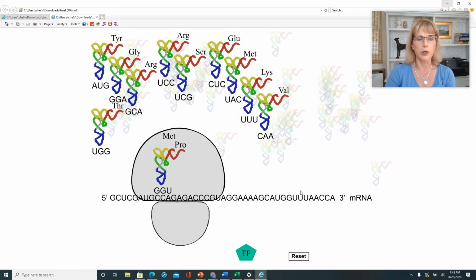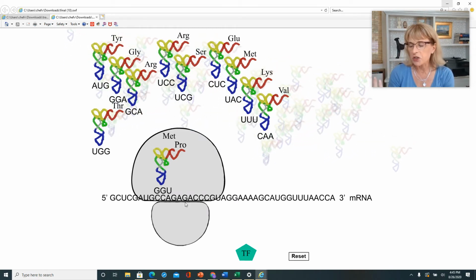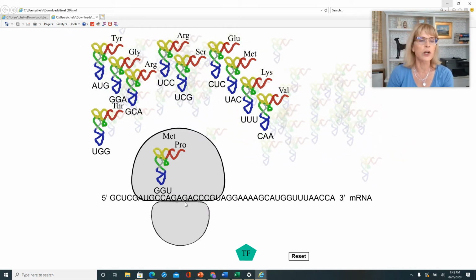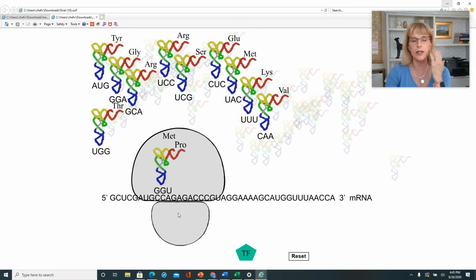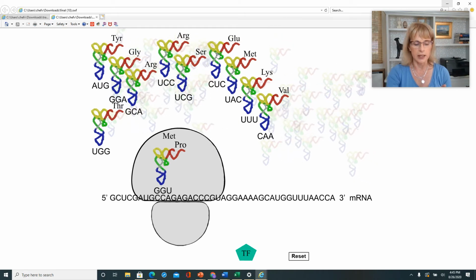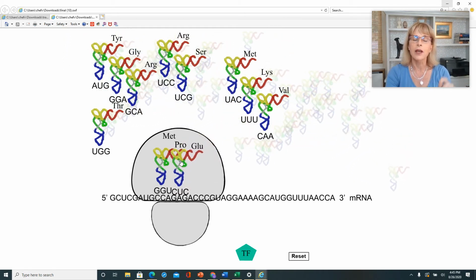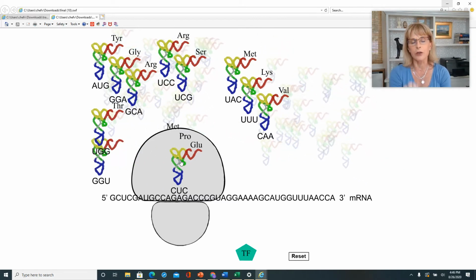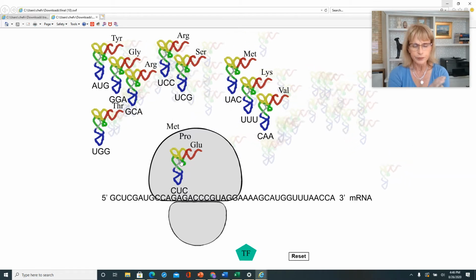So let's go ahead and build our protein. This is the codon, GAG. What is it the codon for? Ribosome doesn't know. I don't need to know. I do need to know that the complement for GAG is CUC, and I need to grab that transfer RNA. And I can trust that that transfer RNA is carrying the proper amino acid, which is glutamate in this case, right?